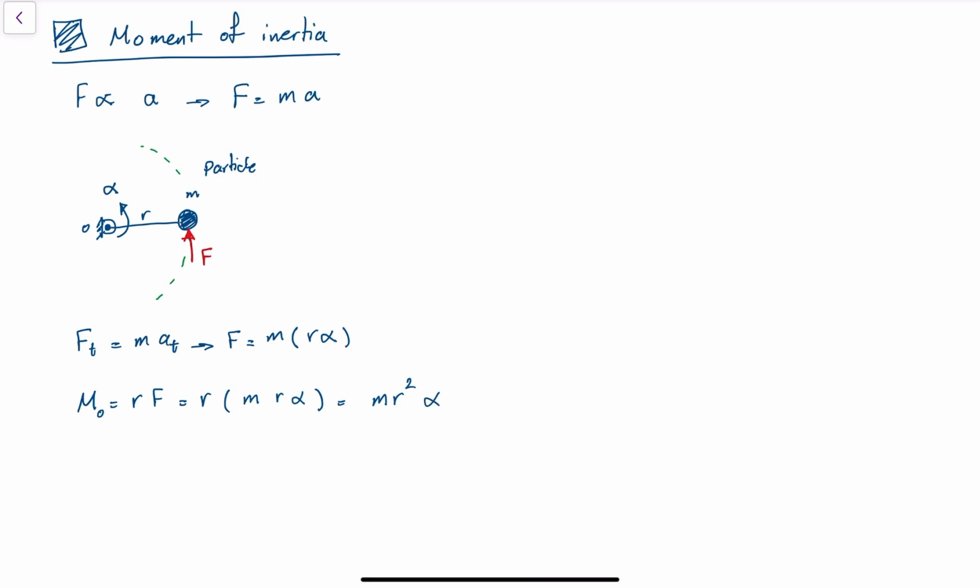So on one hand, I have angular acceleration. And this is my angular effort.